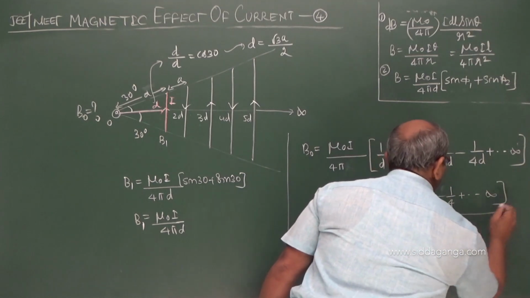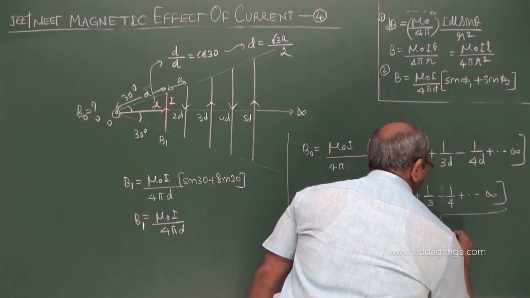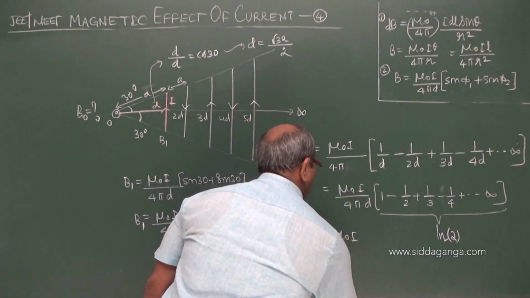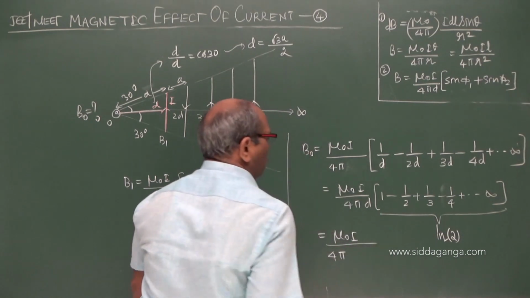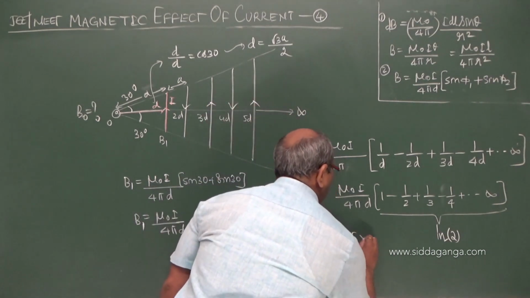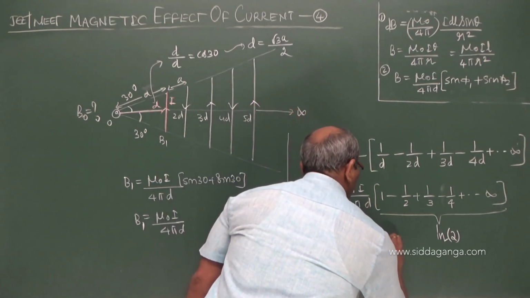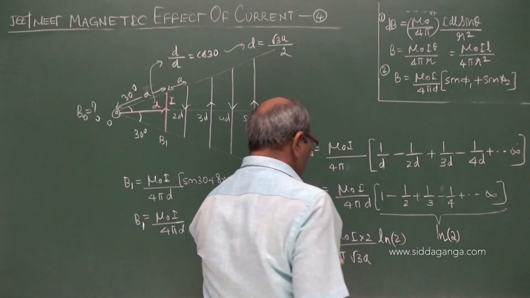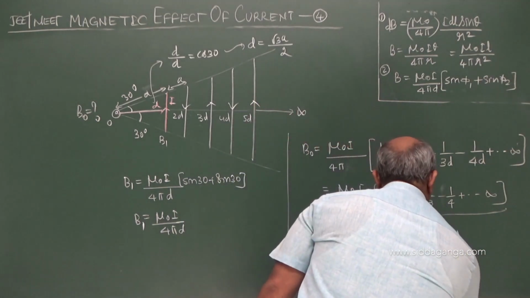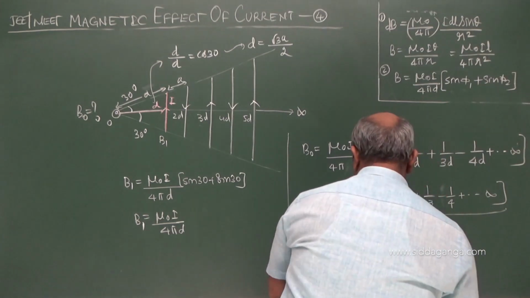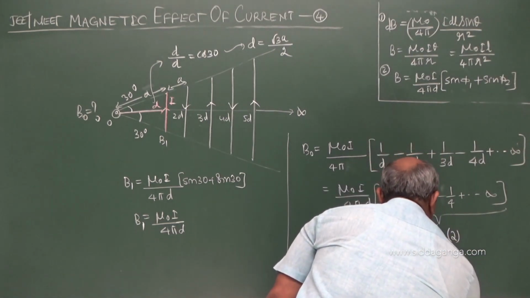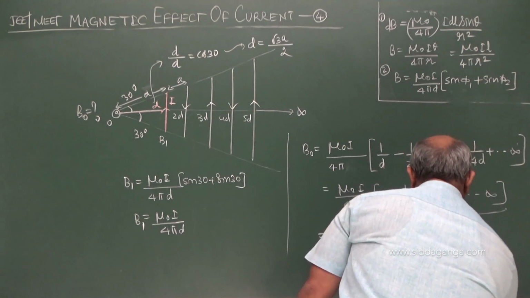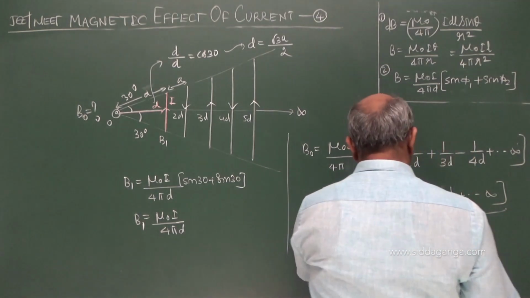This simplification comes to be ln, or log e to the base 2. But if I substitute D, it is mu naught I upon 4 pi into root 3 A by 2 into ln 2. The 2 cancels here, giving mu naught I by 4 root 3 pi A ln 2.